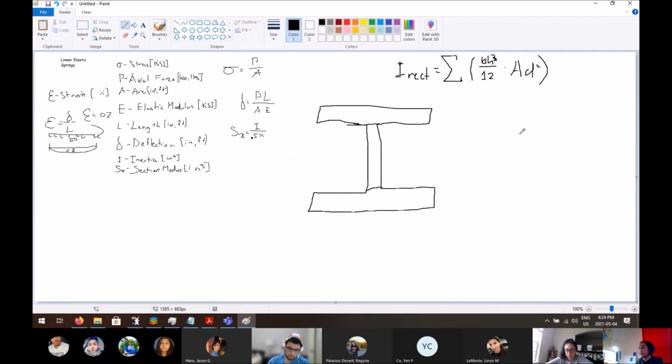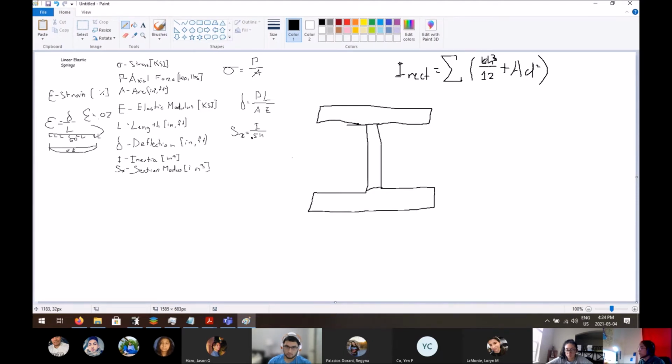Remember how I said inertia is measured in inches to the fourth? That's supposed to be a plus right there. So, BH cubed over 12 plus AD squared.